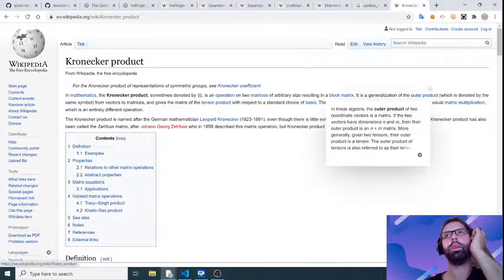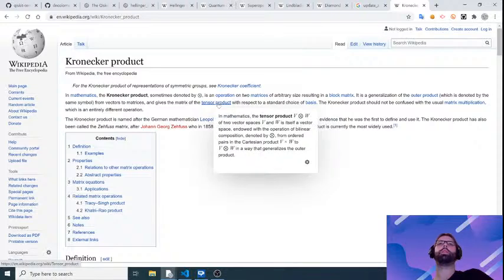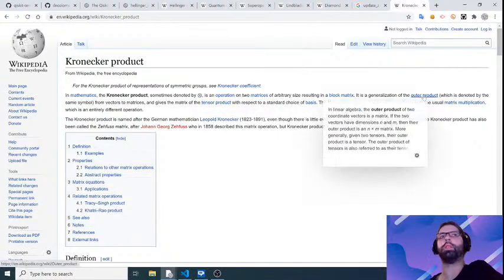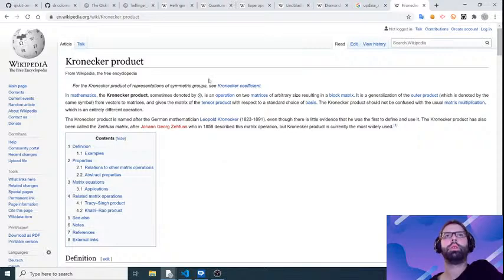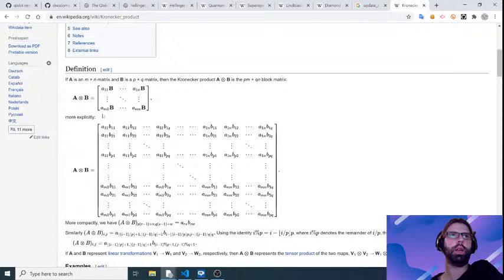Oh, so this is a generalization in terms of tensors. Okay, it's for the tensor product, because the outer product is for matrices and vectors. So you multiply B per each component of A. Yeah. Okay, cool.